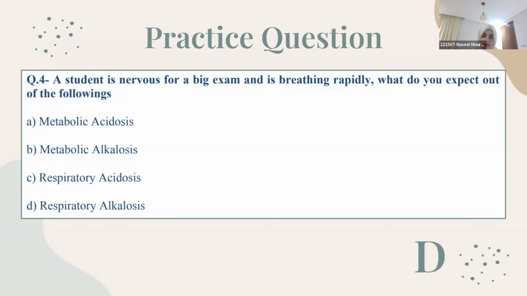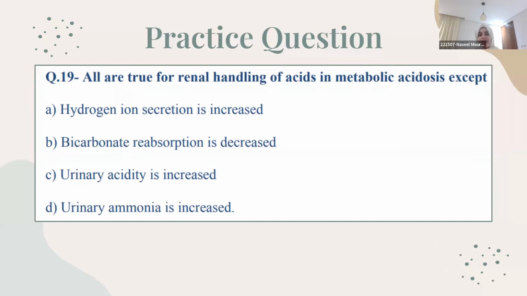Because she's breathing a lot, so she's exhaling too much carbon dioxide, and you're getting rid of CO2, so that makes the blood more basic. You get respiratory alkalosis. Yes, exactly. Hyperventilation is what causes the increased exhalation of CO2.